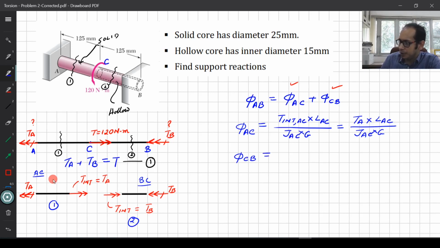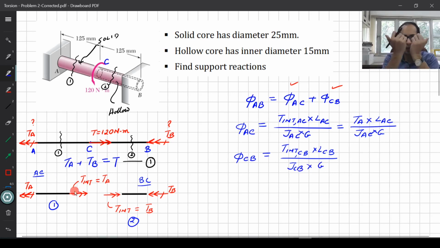So let's go ahead and write that as well. Phi CB comes out as equal to T internal CB times length of CB divided by JCB times G. Now here is an important point to note. Look at the direction of what we had previously.